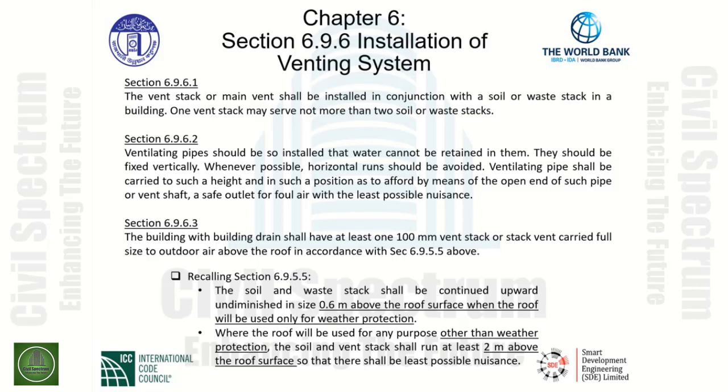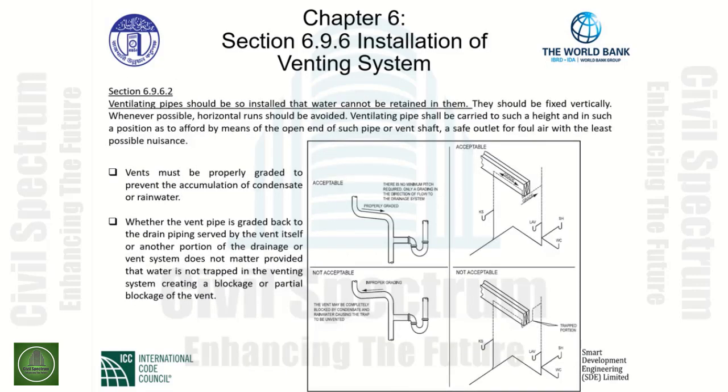A further explanation of vent pipes regarding the installation where water cannot be retained in them is explained here. Vent pipes must be properly graded to prevent the accumulation of condensate or rainwater.